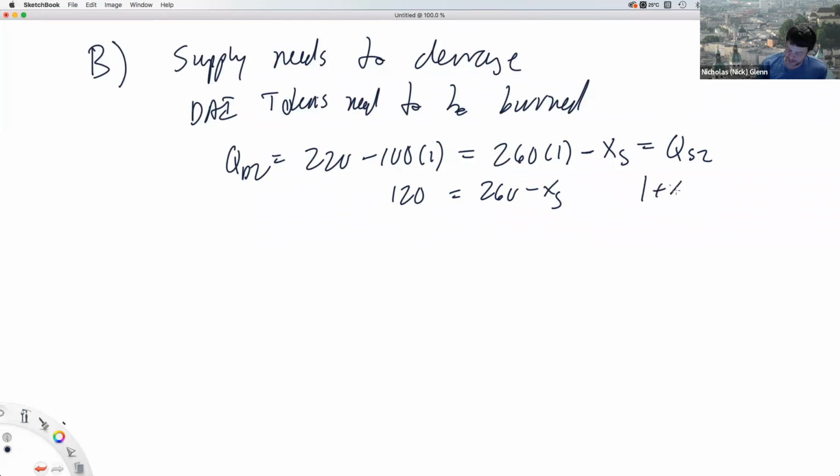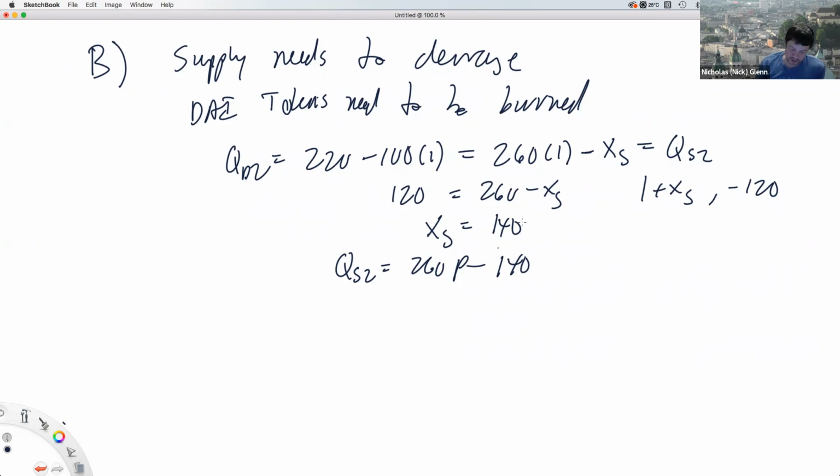We'll add excess to both sides and subtract 120. When you do that, you get excess equals 140. So our new supply equation is 260p minus 140. We went from negative 60 to minus 140.